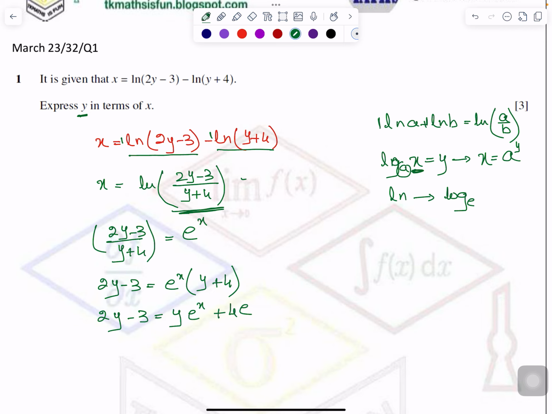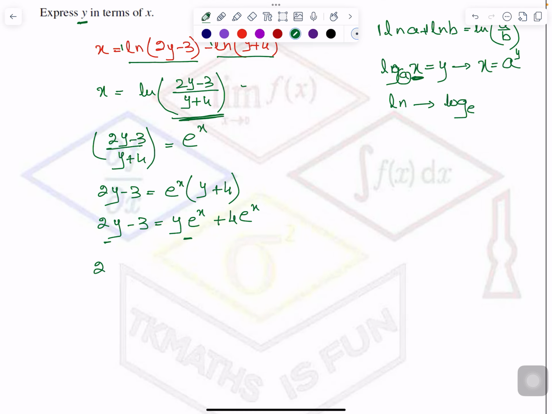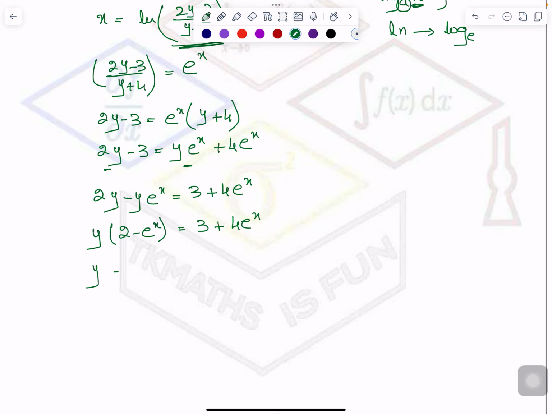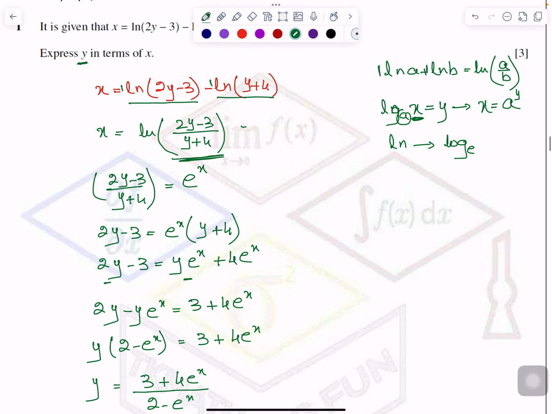Now y is present in this term and this term, so let me write them together, and I'm taking 3 to the other side, it will become plus 3. So now what will I do? I will take y out as a common factor. Only then can I make it the subject. Agreed? You know the reason for the cross multiplication here. We call it cross multiplication, but I'm sure you know the reason behind what works. So this is how you can express y in terms of x.